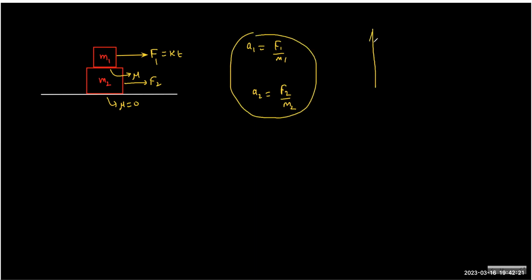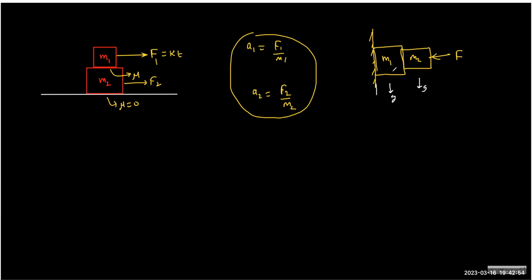A similar situation you may face when you are solving a question under gravity. And in this case, what is interesting is if you assume there is no friction anywhere, then both will have the same acceleration, g and g, right? Correct? If there is no friction, then M1, M2 will go with g only.